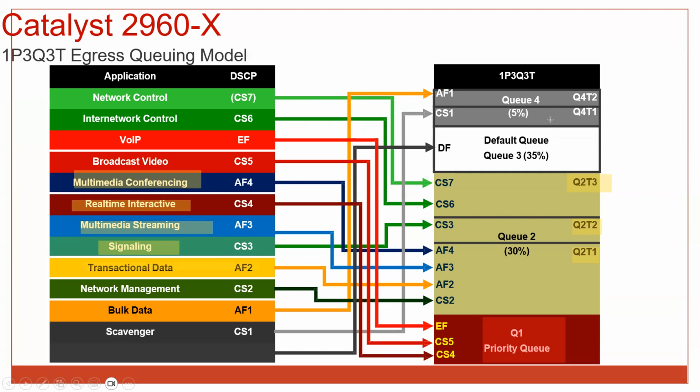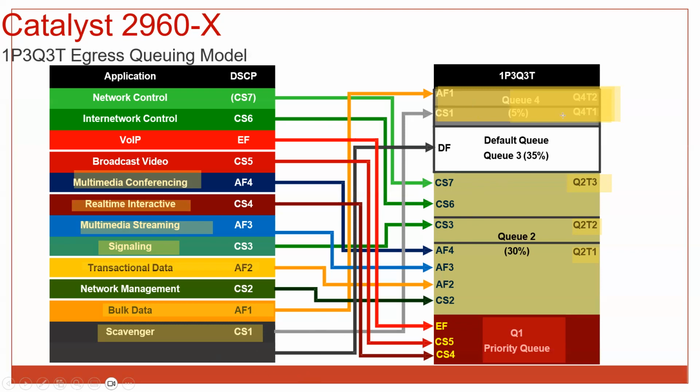Then you can see Q number 4, where we have the bulk data, in Q4 T1 and T2. Even the scavenger and bulk data go to queue number 4. This is the default queue, right? Then we have queue number 3, Q3.